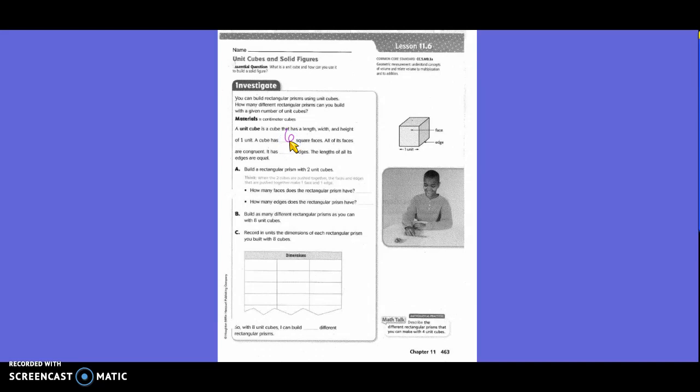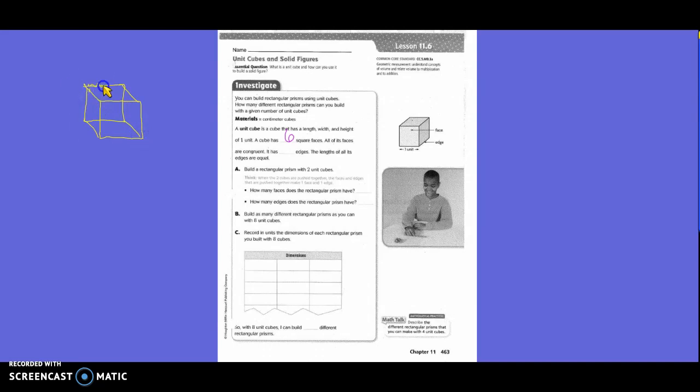6. Not 6. 8. No. Let's look. So if I draw my cube out, okay, guys, quit guessing. And they want to know how many edges, right?